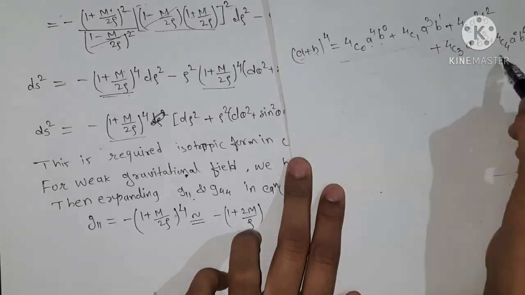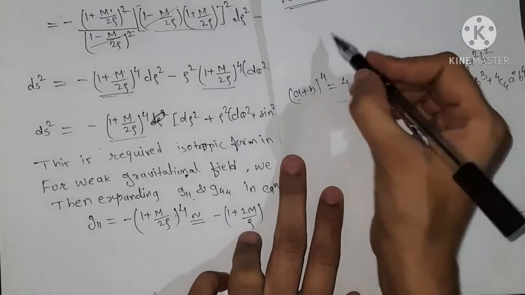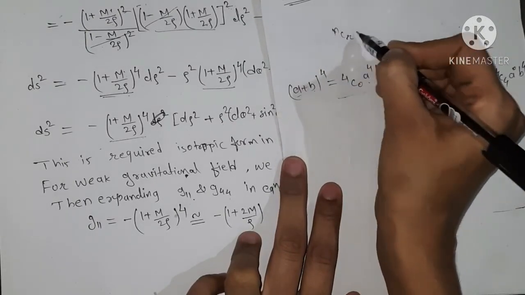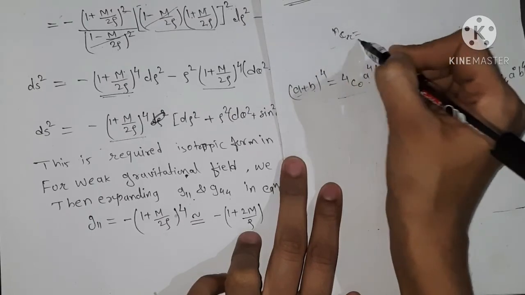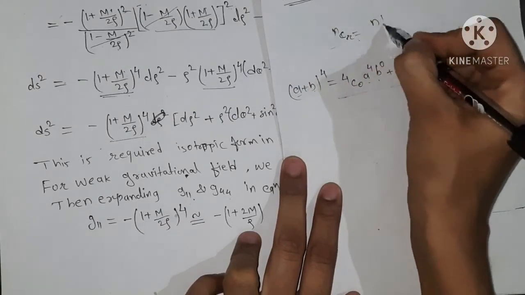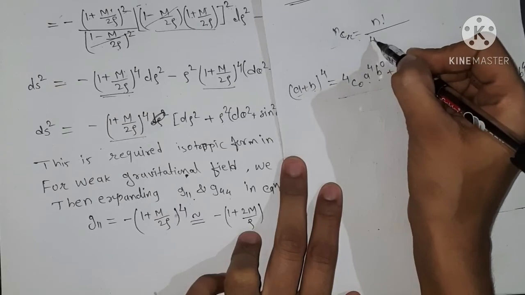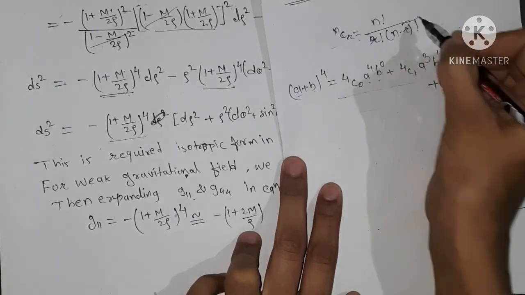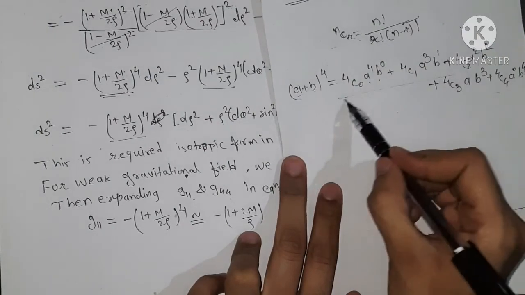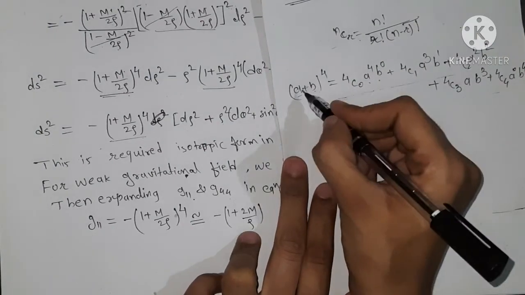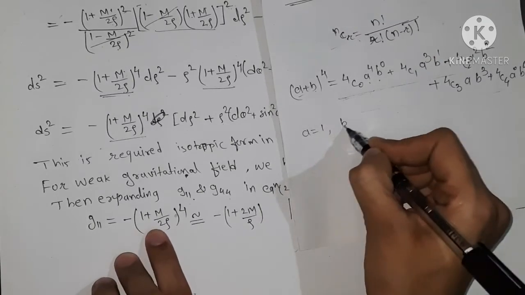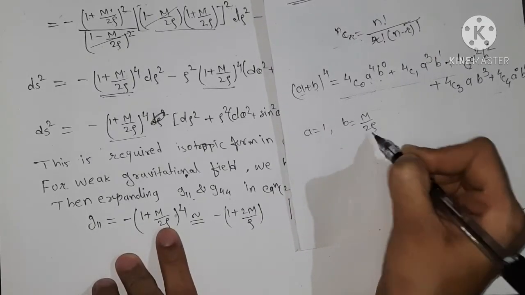So in this form we have the binomial expansion, and nCr in combinatorics is nothing but n! upon r!(n − r)!. So we apply it to this term, where a equals 1 and b equals m/2ρ.